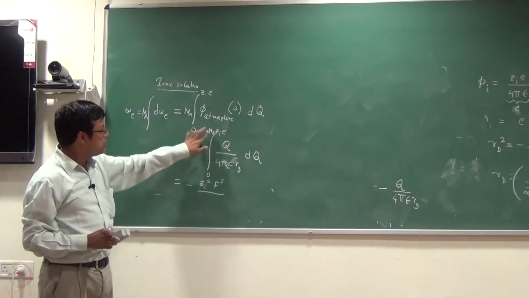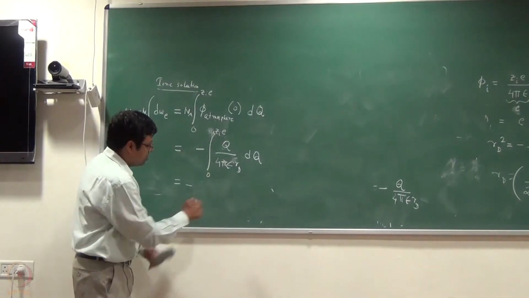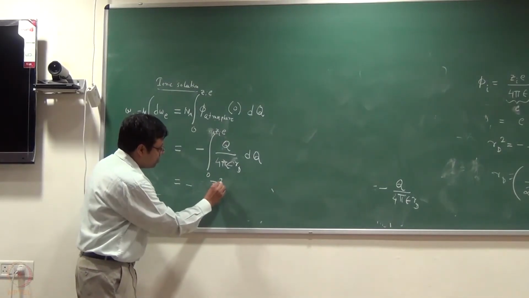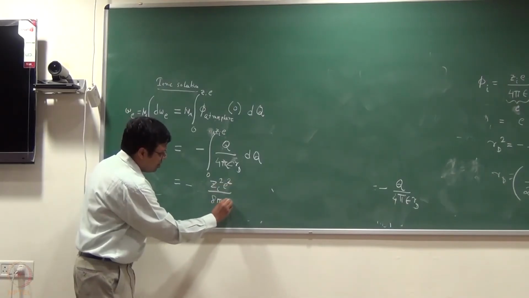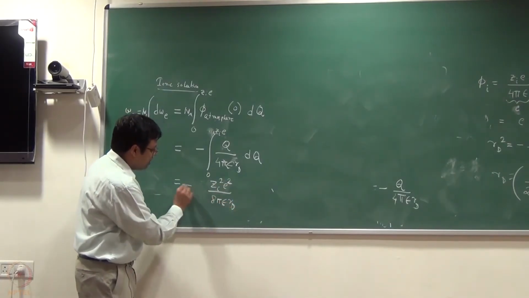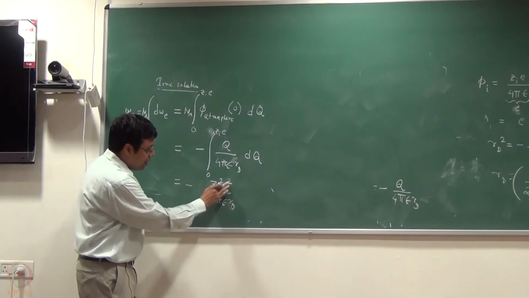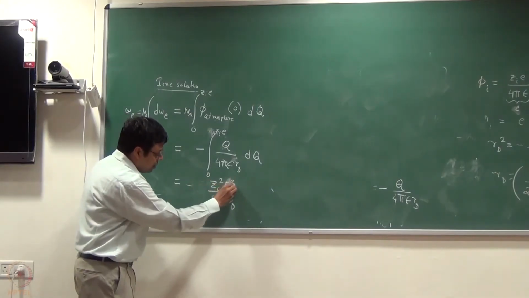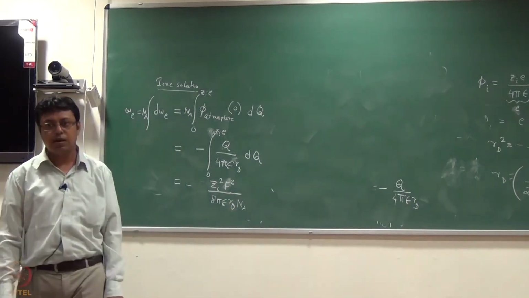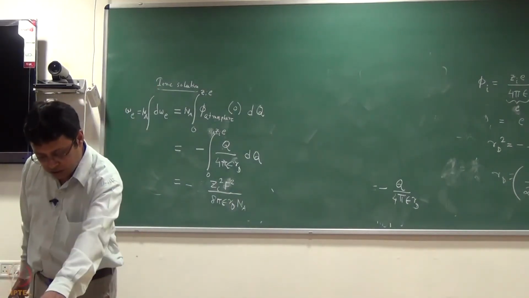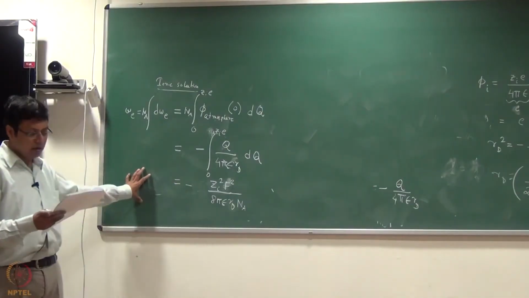Q square will be basically Zi square E square. So Zi square E square by 8 pi epsilon RT. There is a minus sign, and then there is a Na. That Na square F square I can write as F square, but then I have to divide by Na. Clear? Okay. So I'm kind of done, and this is basically the work done.